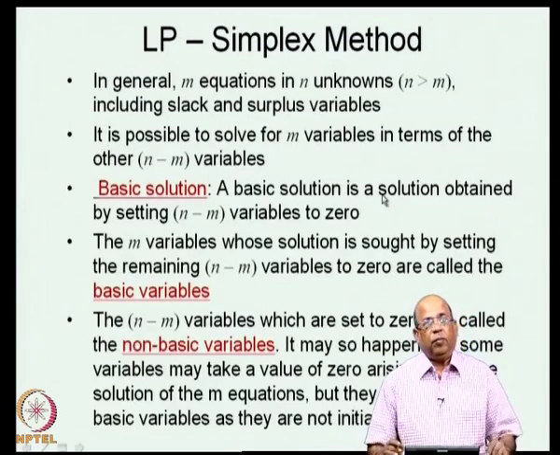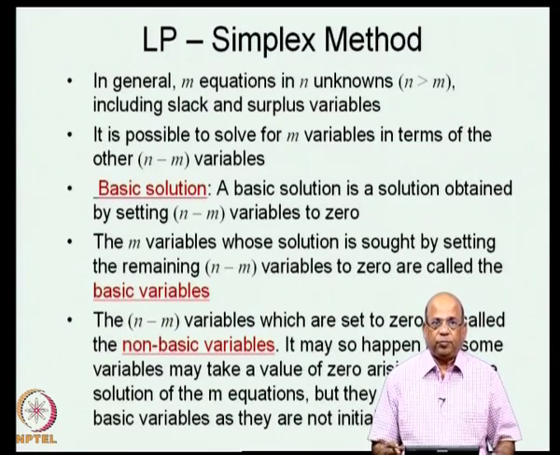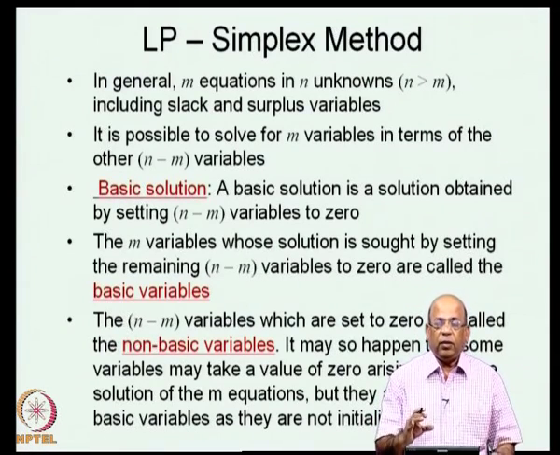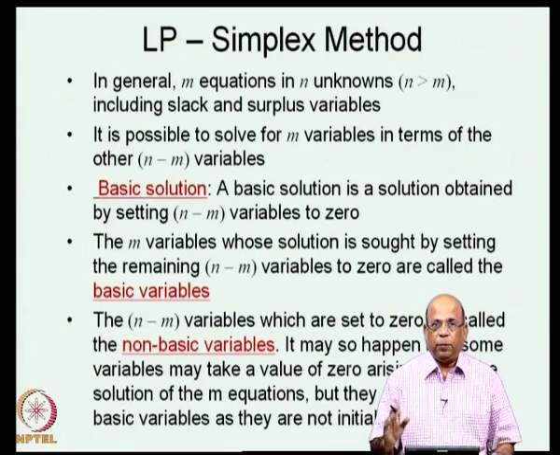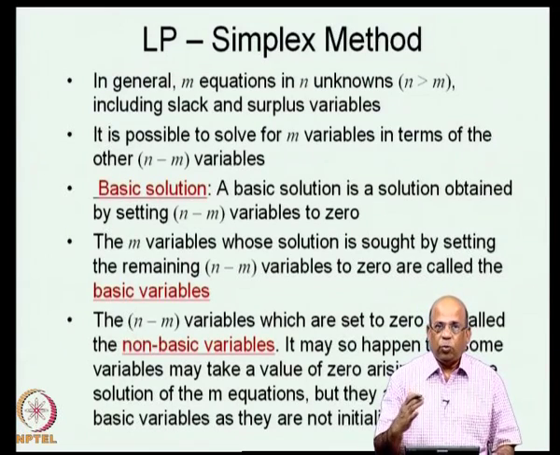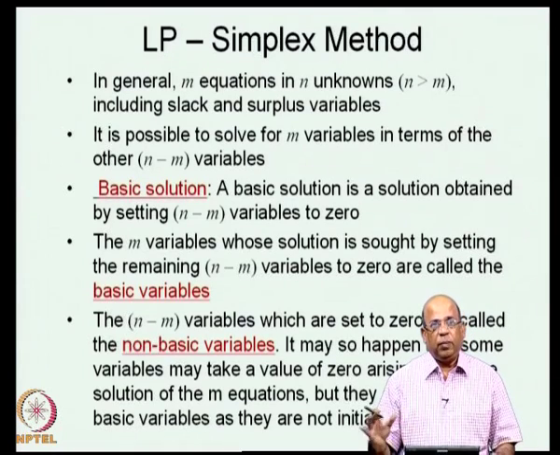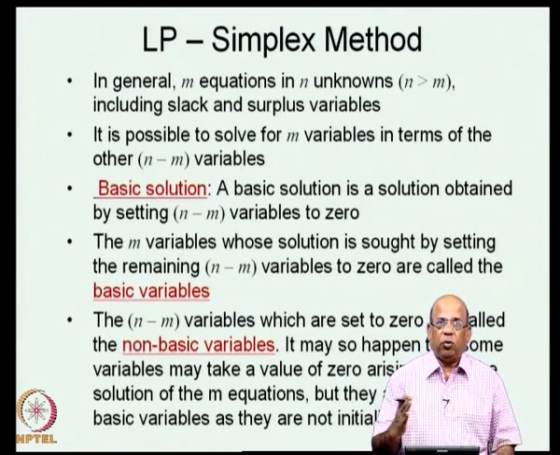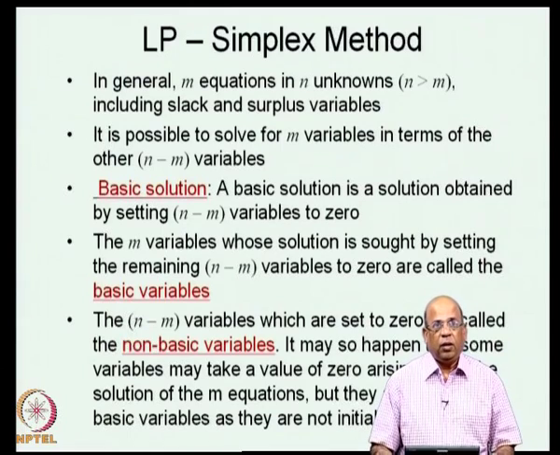Further, what we do is, we set n minus m variables to 0 and then obtain the solution for the remaining m variables. In the example that we are talking about, you had 2 equations and 4 unknowns. So, we can set 2 variables to 0 and obtain the solution for the remaining 2.